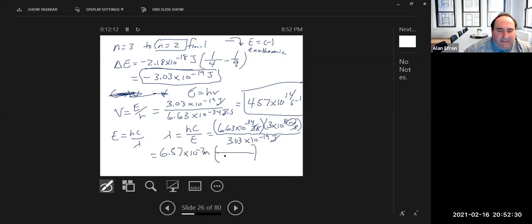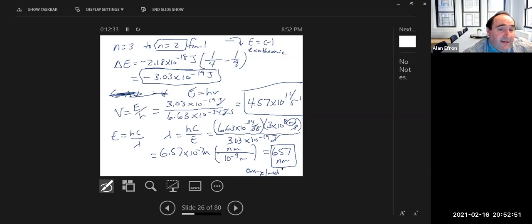Converting into nanometers, that's going to be 657 nanometers in this particular case. Orangey red, I guess, would be the color associated with that.